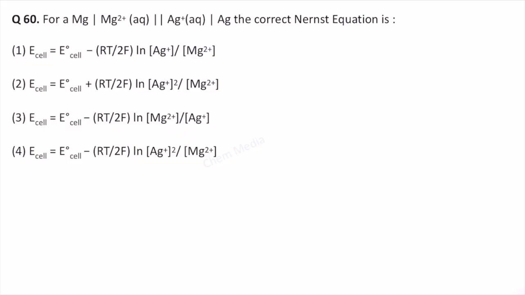For the cell, the correct Nernst equation is which one? The Nernst equation is the one that relates cell potential with the concentration of the species involved in an electrochemical reaction. Now, we know that E cell is equal to E cell standard minus RT by NF ln and then the reaction quotient.